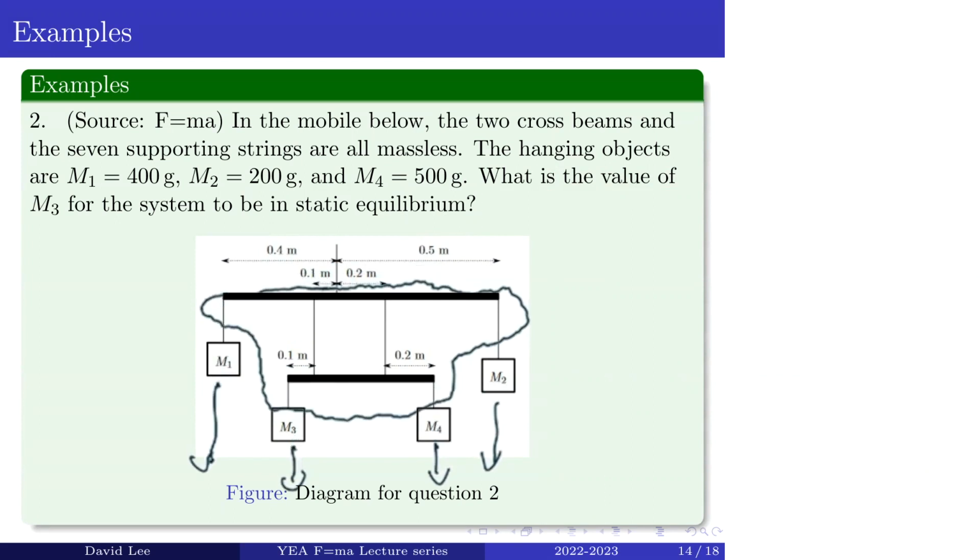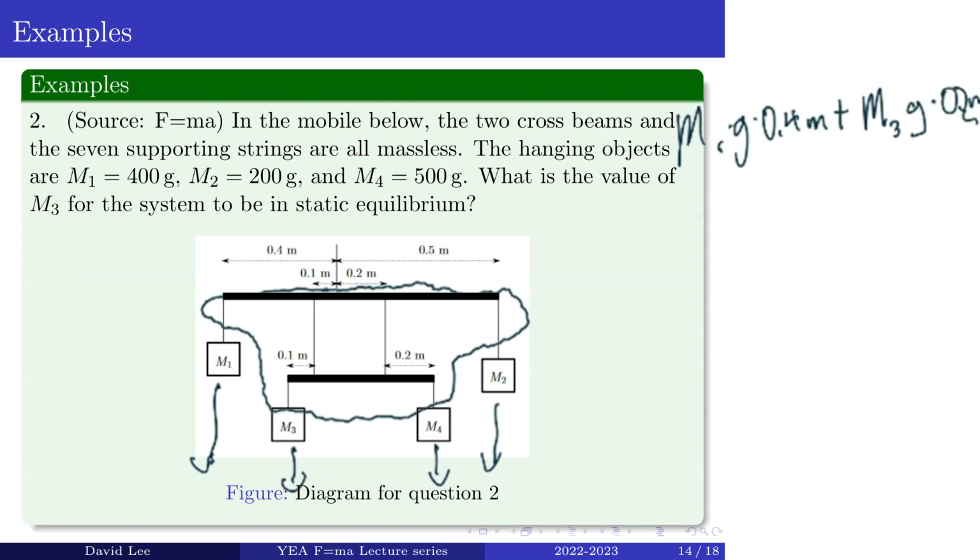We have the torque from M1, which will be M1 times G times the distance to the pivot, so 0.4 meters. There's the torque from M3. M3 is 0.1 plus 0.1, that's 0.2 meters away.